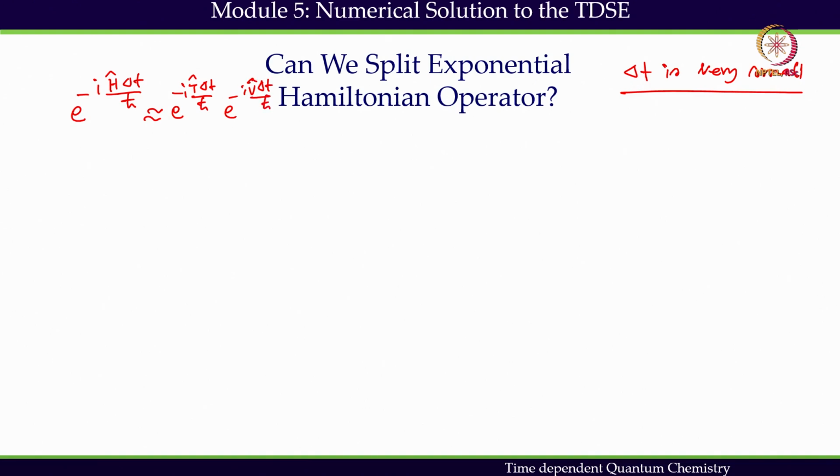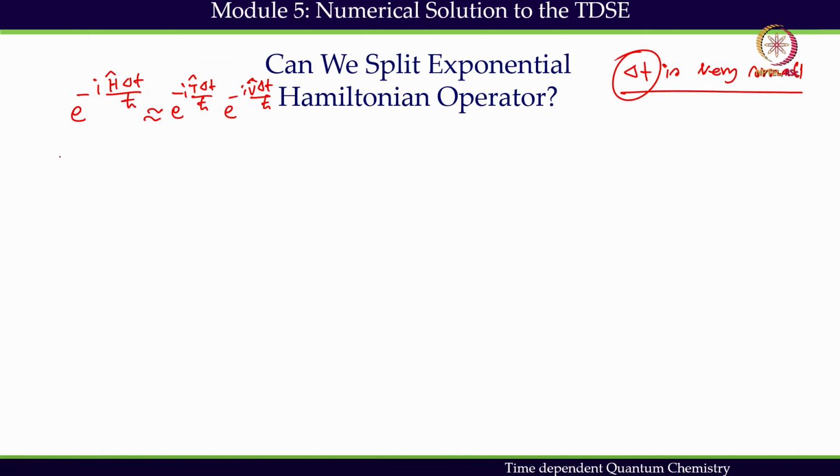This is called split operator, and this is definitely an approximation, then the error in this approximation would be proportional to delta t square. So, as long as delta t is small, the error would be small, and that we are going to prove right now, that if we express this split operator approach, then the error is going to be delta t square.